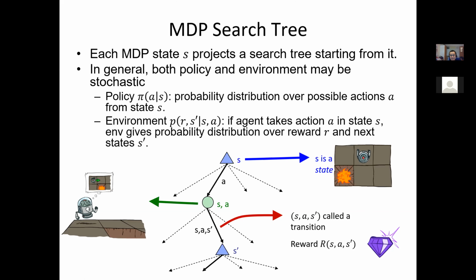The agent may issue an action A1 with probability half, A2 with probability half, and the environment may have unpredictable unknown factors that may lead you to different S prime for the same S and A. So you must keep this tree in mind when you are looking at the Bellman equations.